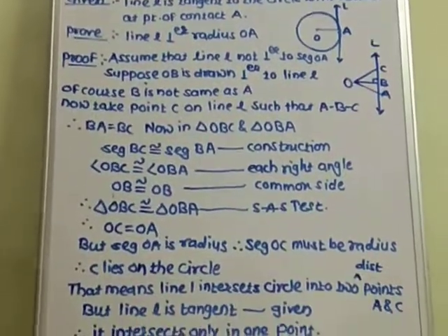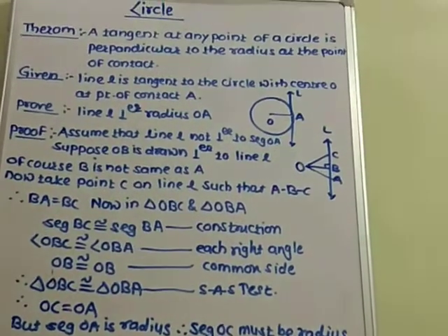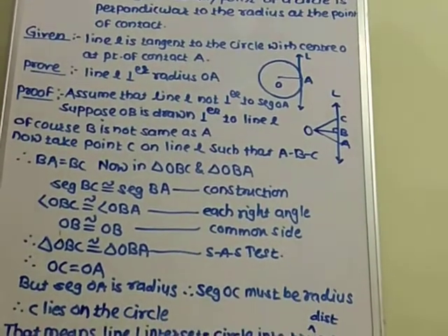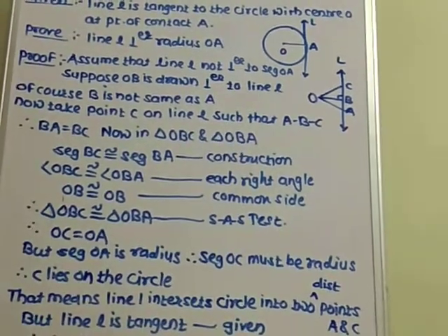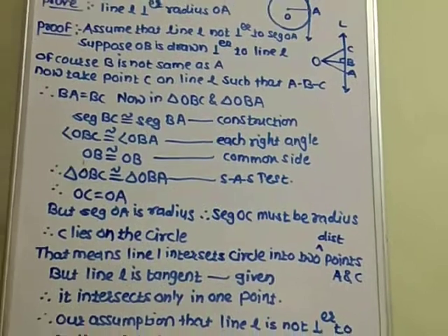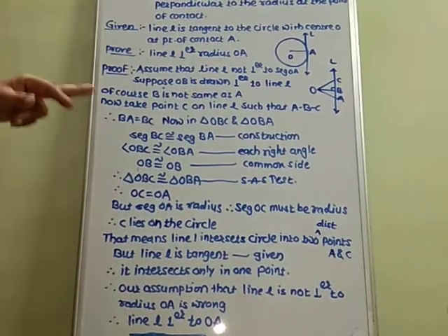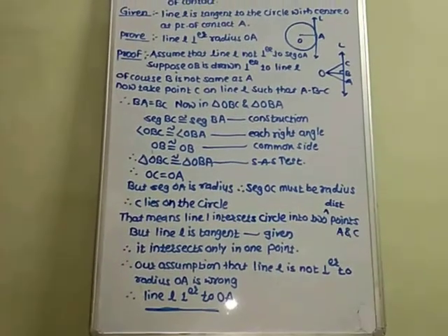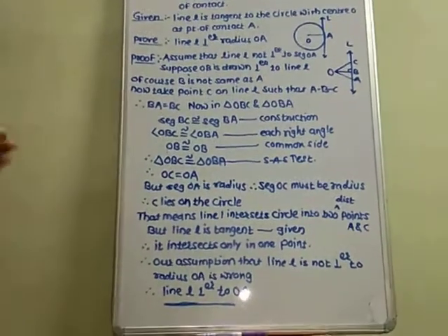Any problem, you may ask me. The theorem: the tangent at any point of the circle is perpendicular to the radius at the point of contact. Line L is a tangent to the circle with center O at point of contact A. To prove: line L is perpendicular to radius OA. We assumed line L is not perpendicular to OA, and drew OB perpendicular to line L. Of course, B is not the same as A. Take a point C on line L such that A, B, C are collinear, so BA is equal to BC.